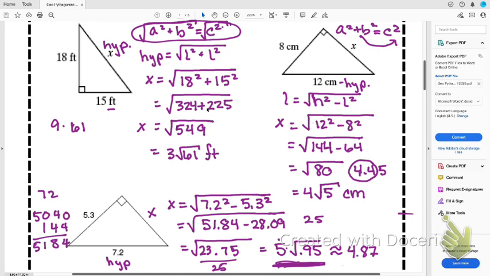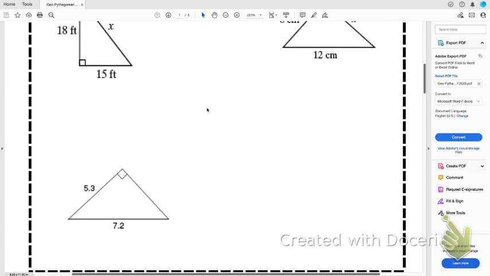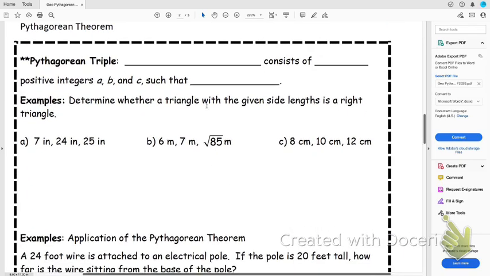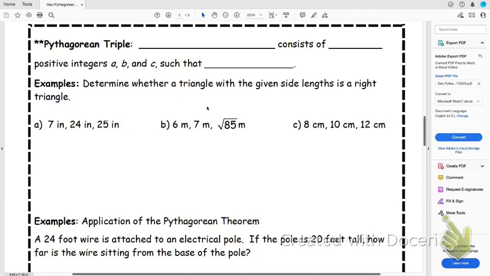Questions, guys? Okay, so next page. Okay, Pythagorean triple. Well, what a Pythagorean triple is, I don't know. Evidently I wanted you to write it again on your own, because it's such a wonderful word to say and write.